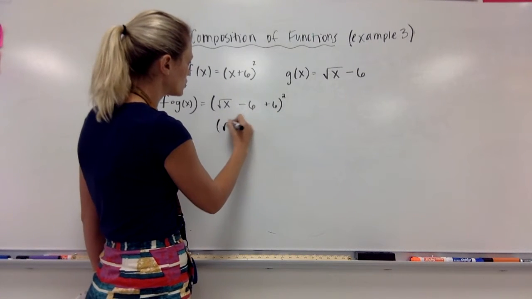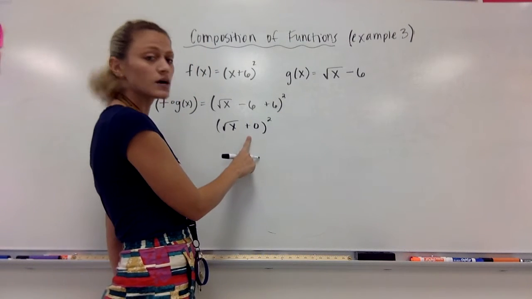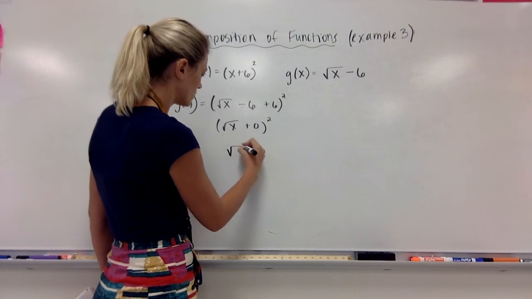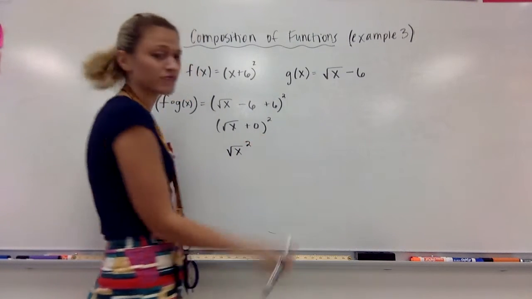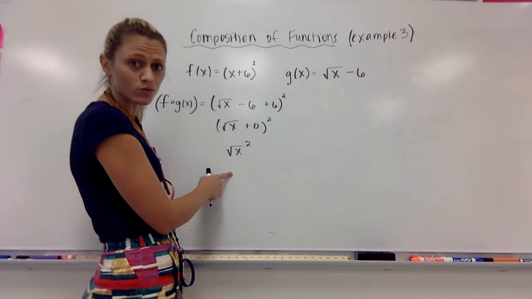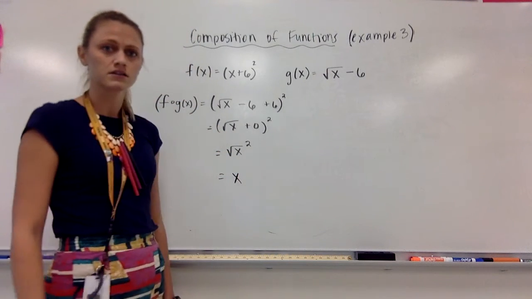You could write square root of x plus 0 and then square that, but you guys know we don't need that 0. So I just have my square root of x squared. If you square a square root, that's just x.